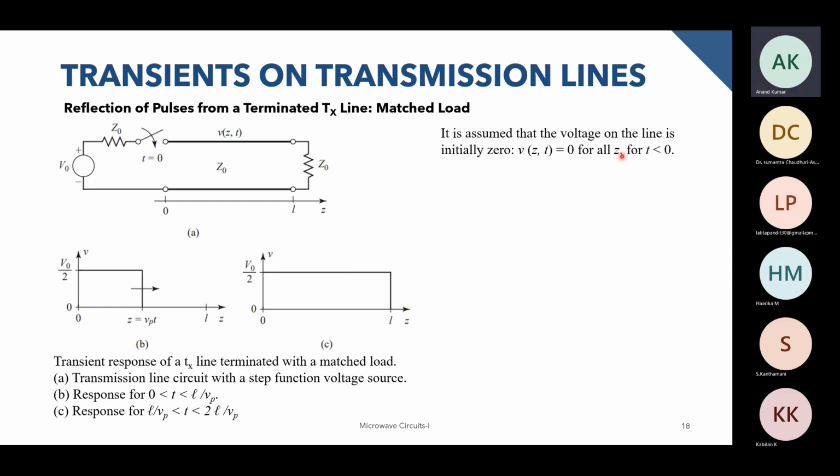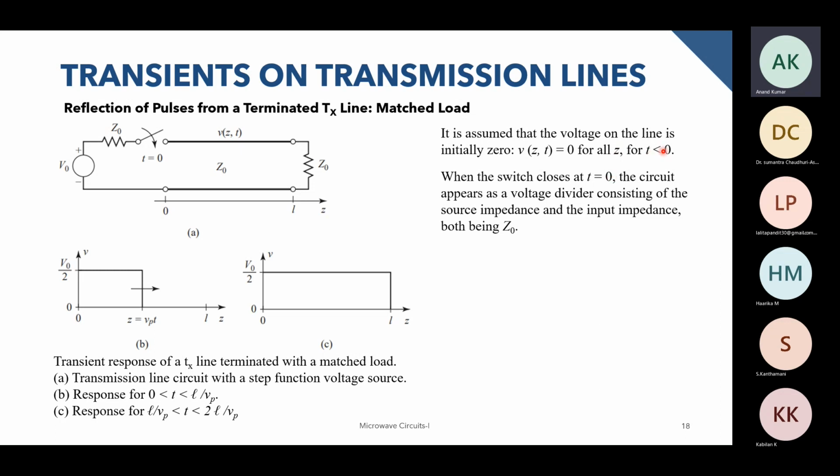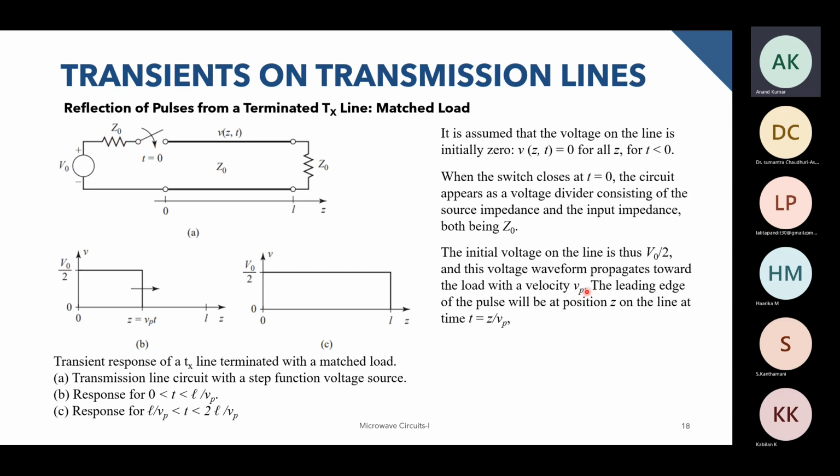This is what is written here. Initially it is assumed that the voltage on the line is 0 for all z for t less than 0, and the switch is closed at t equal to 0. Again, the source sees a voltage divider, so we have V0 by 2 across the source resistor and V0 by 2 here. This voltage waveform propagates with velocity Vp, and the leading edge is at position z at time t equal to z by Vp.